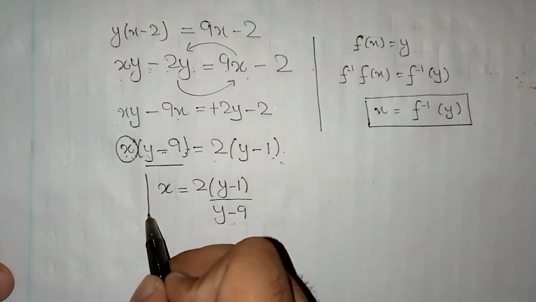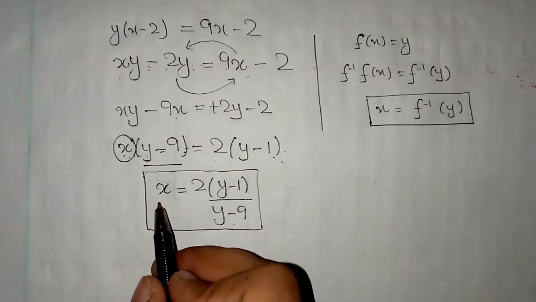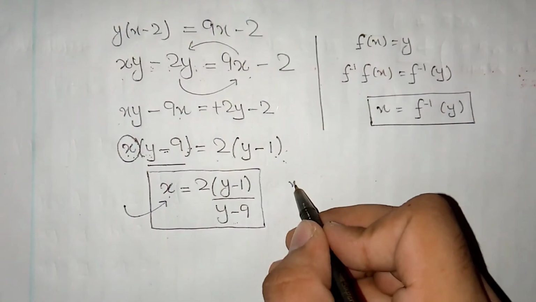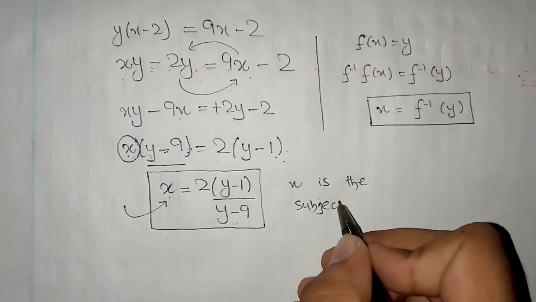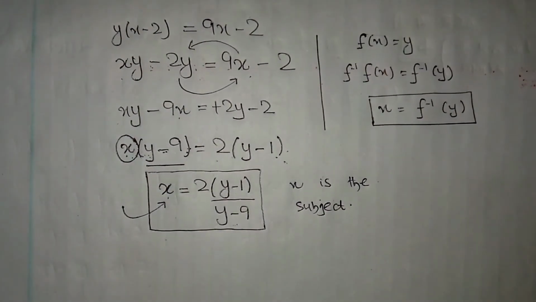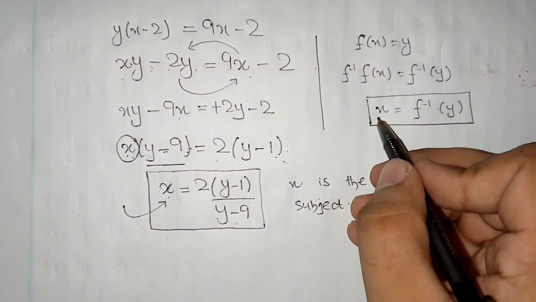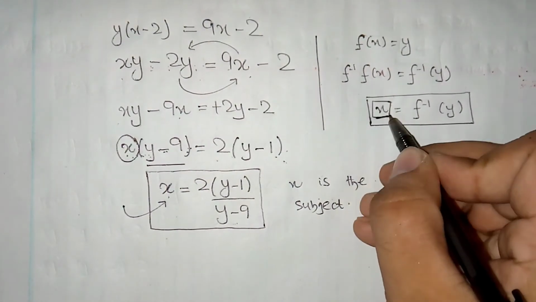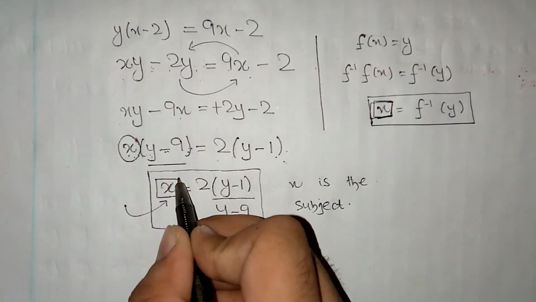So this is the equation in which we have made x our subject, or you can simply write here that x is the subject. What you have to do next is replace the x in the expression you wrote at the start with this x.